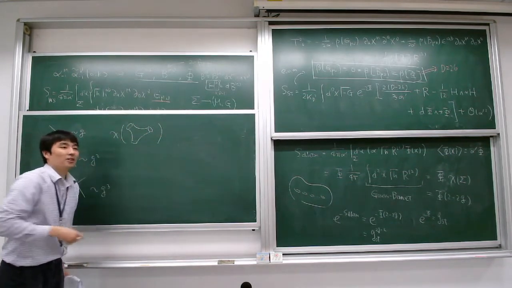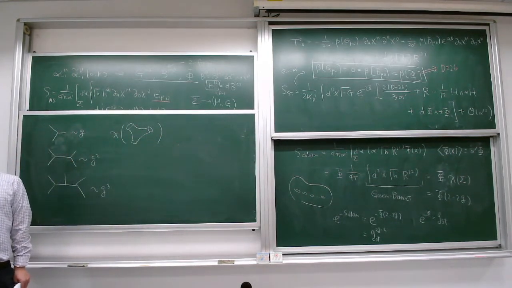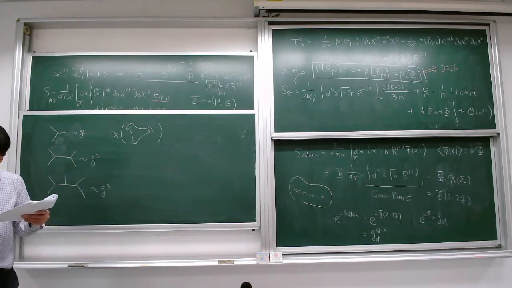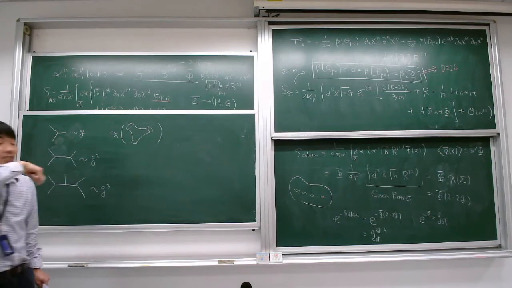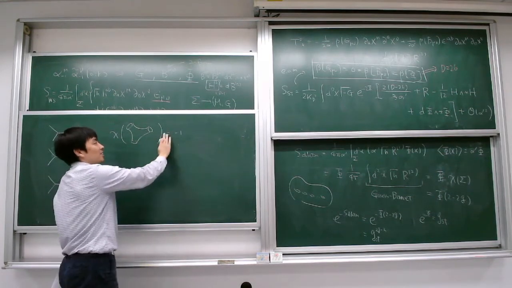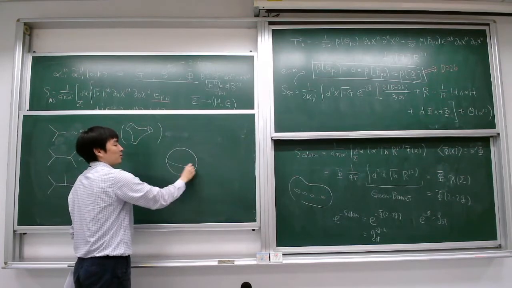Shall we do the computation? Let's see. So this is minus 1. The Euler characteristic is minus 1. Can you see that? Well, what is the Euler characteristic of a sphere?